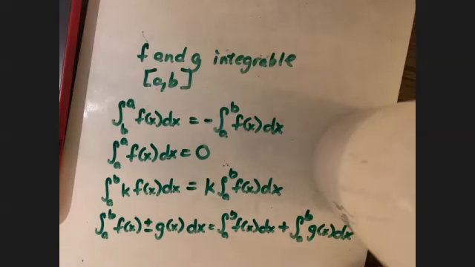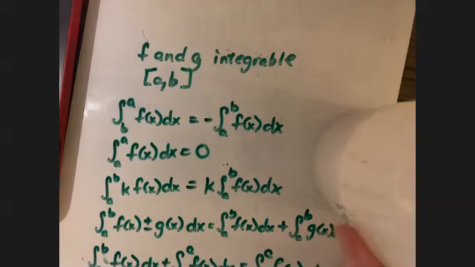Now, this next one: the integral from a to b of f of x dx plus the integral from b to c of f of x dx is going to roll into the integral from a to c of f of x dx.